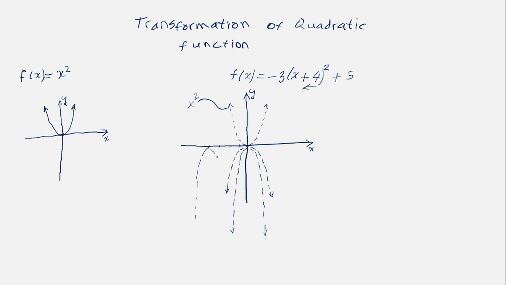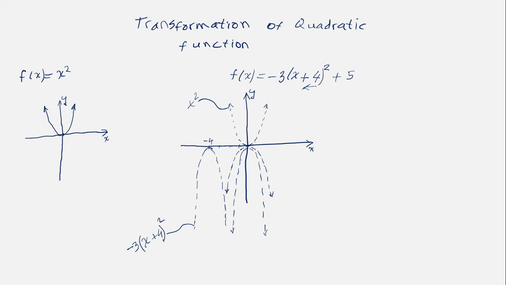It's still as narrow as it was before. It's still facing down, but now it's starting here at -4. So it's going to come up, hit -4 on x, hit 0 on y, and come back down. So this here is -3 times the quantity x plus 4, squared.